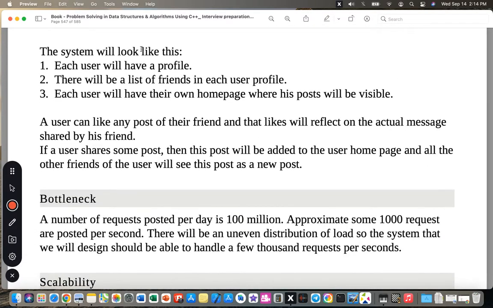All right. The system will look like this. Each user will have a profile. There will be a list of friends in each user's profile. Each user will have their own homepage where their posts will be visible.